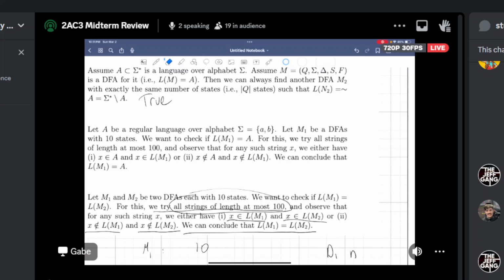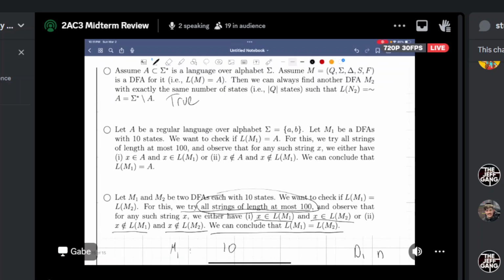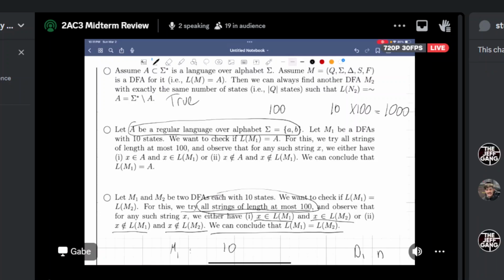Which is why over here, we don't know the size of the DFA for the regular language A. A could be a DFA with, let's say, 100 states. So the distinguishing string would have to be of length 10 times 100, which is 1,000. But we only tried the strings of length at most 100.